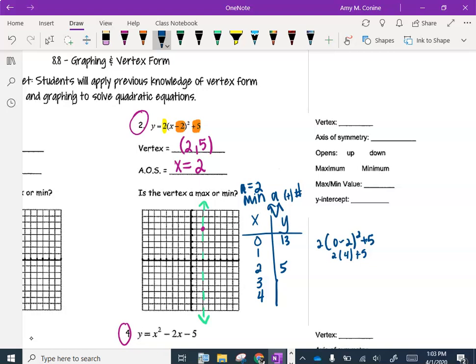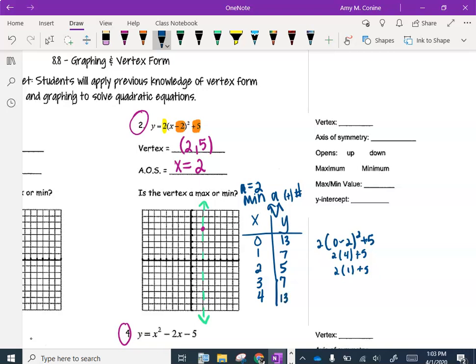Okay, and it should be symmetrical. So if I plug in 1, 1 minus 2 is negative 1. Whole thing squared is a positive 1. So then I should get 7. So same idea, 3 minus 2 is 1. Whole thing squared is 1. I should get another 7. And then 4 will give me 13.